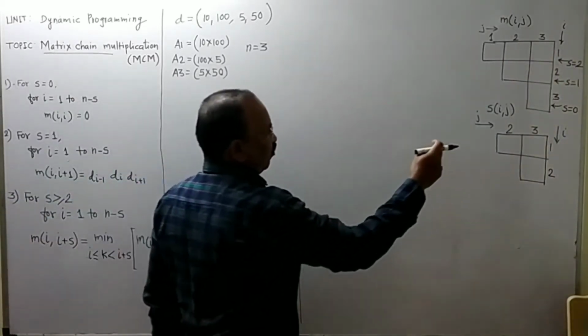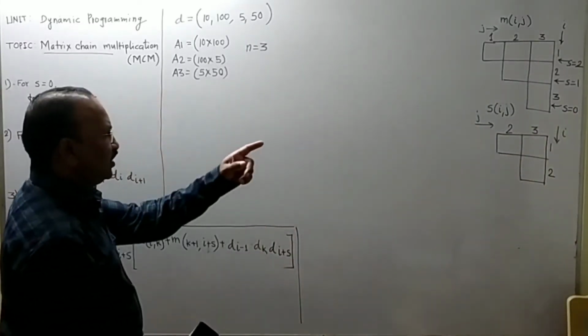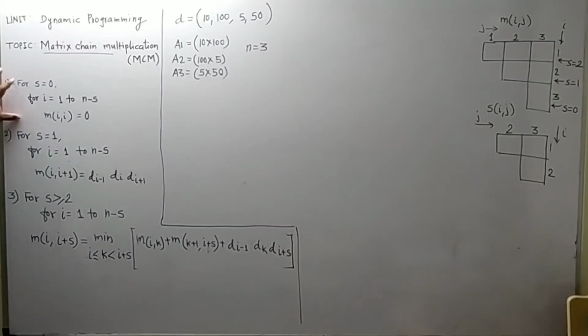We will start from s is equal to 0. For s is equal to 0 we have the first formula. For s is equal to 1 we have the second formula. For s greater than or equal to 2 we have the third formula.